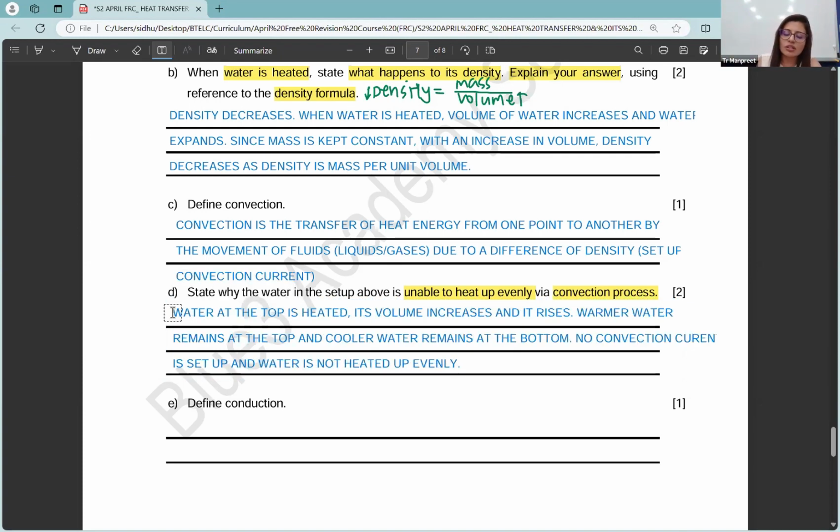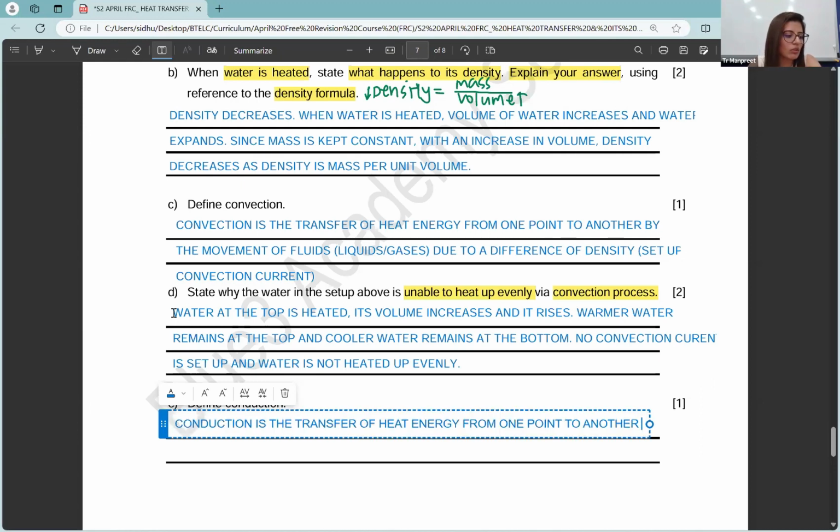Okay, define conduction, the definition of conduction. This one is quite simple, right? It's simply the transfer of heat energy from one point to another without the movement of the medium. In solid surfaces especially, the particles vibrate about their fixed positions.